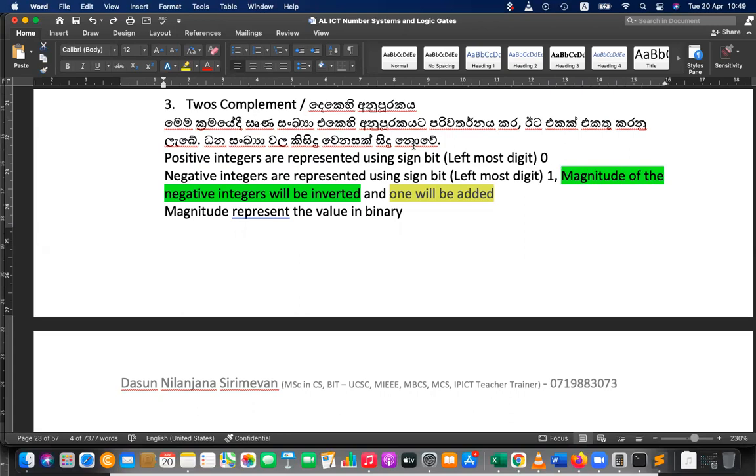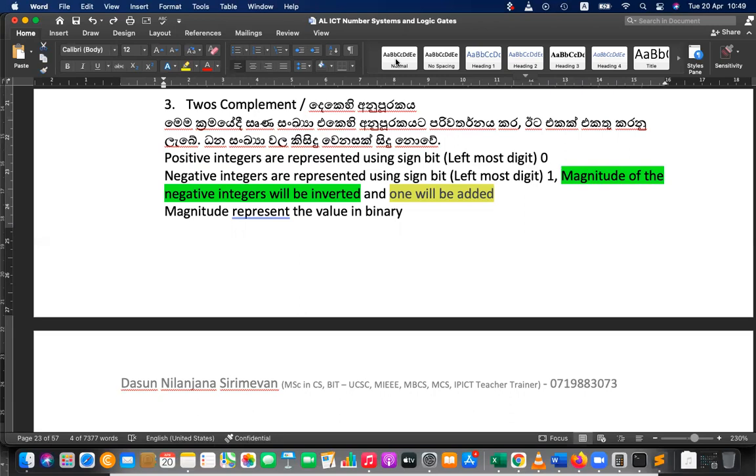In the first method, negative is just the sign. The second method, negative is sign with the inverted magnitude. The third method, sign with the inverted magnitude plus 1. That's all.